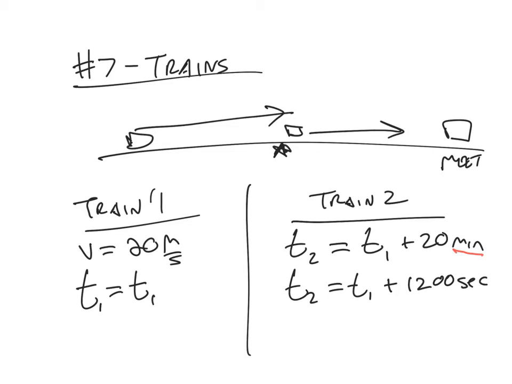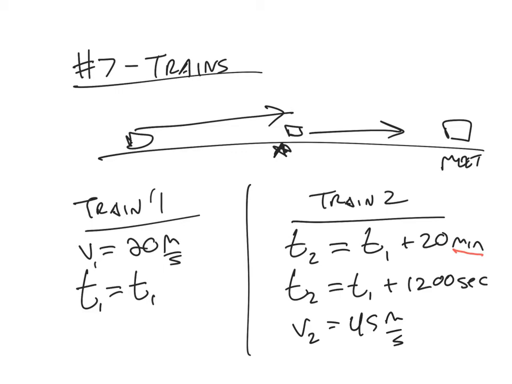Okay, so now, what else do we know about train 2? It heads north at 45 meters per second. And they meet exactly 1 hour later. Aha. So does that tell me anything about these T's?